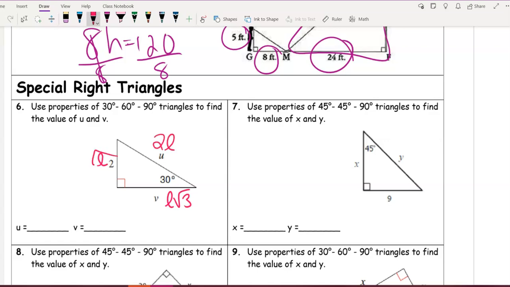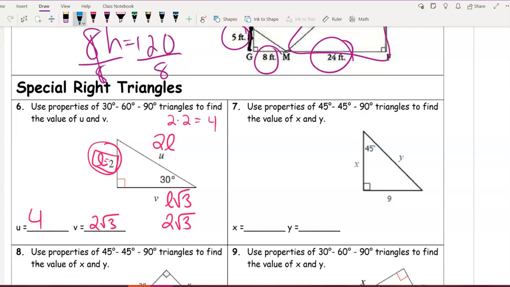This automatically tells us that L is 2. So what's 2 times L? 2 times 2 is 4. So U is 4. And here we have L square root of 3. If L is 2, then we have 2 square root of 3. All right, easy enough.